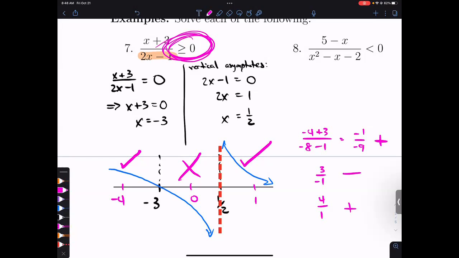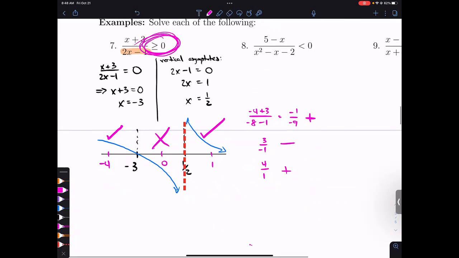So the solution set here would be -infinity to -3 and 1/2 to infinity. What should we do with the endpoints? Square bracket or parentheses? One at a time, -3, should -3 be included?